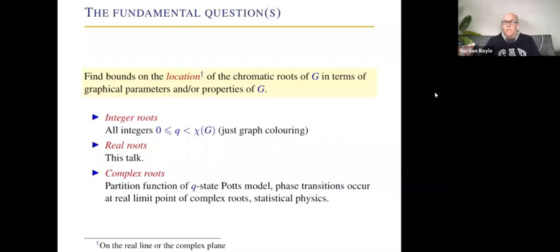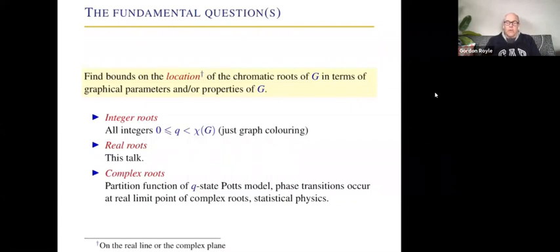Okay, so what are the fundamental questions then? The fundamental questions for people who study chromatic polynomials and their roots is to find bounds on the location of the chromatic roots in terms of parameters or properties of the graph. The study seems to have fallen naturally into three subfields.